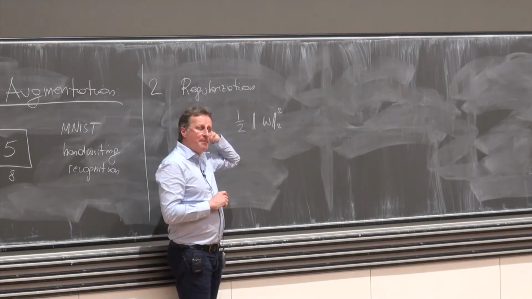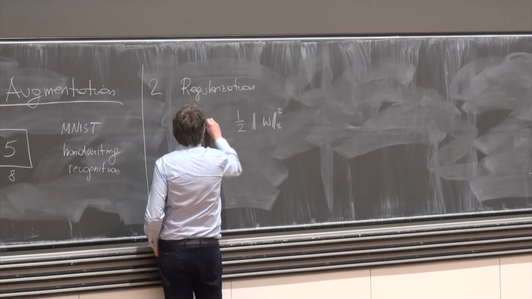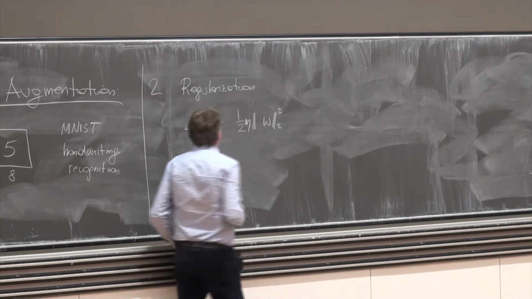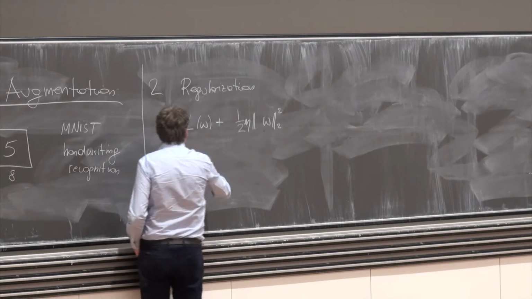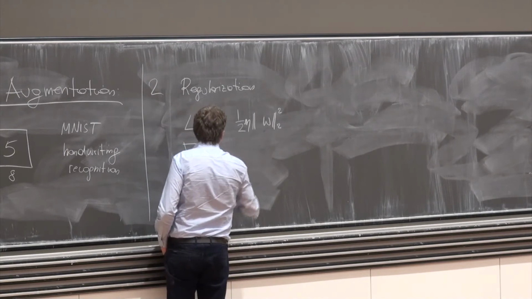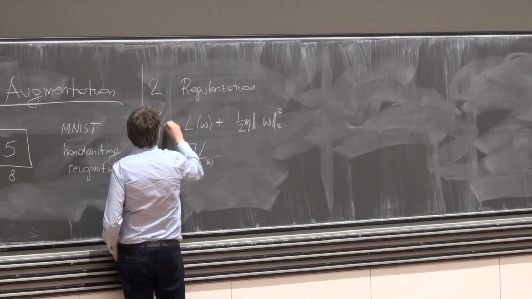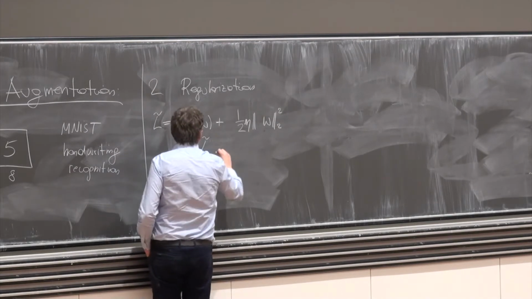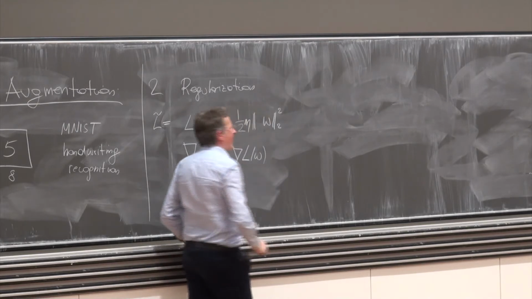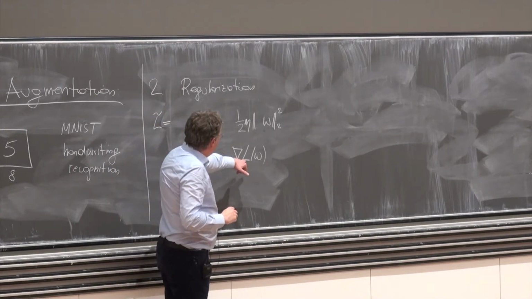So what is it now? You have some L of the weights, and then you're adding this times an eta. Now you take the gradient of the whole thing with respect to W. So maybe this is L tilde, and you take the gradient of L tilde. You get your usual gradient that we can compute with the backpropagation algorithm.